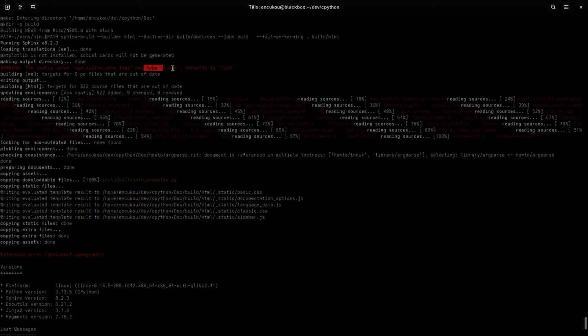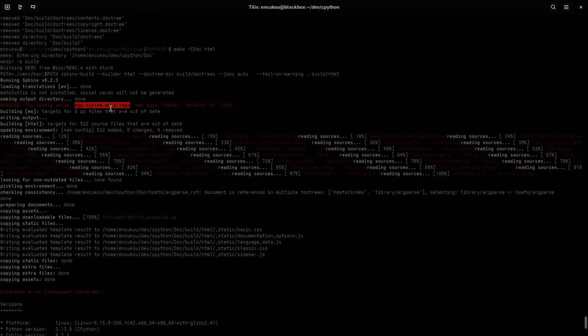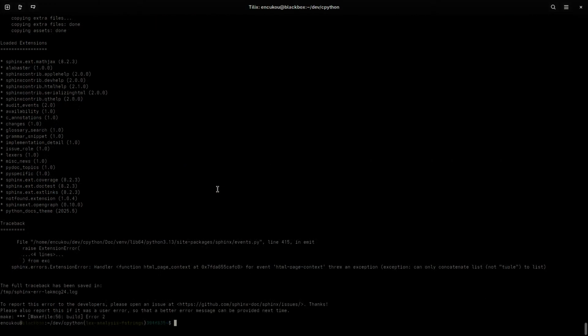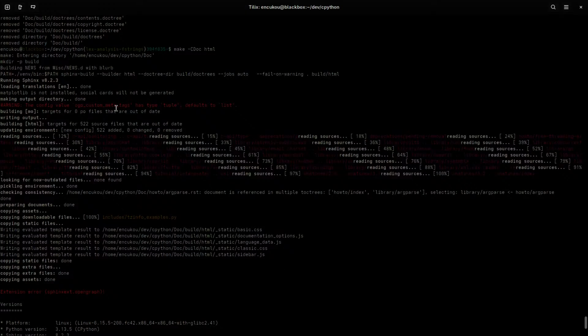So that's probably the problem here. But I'm not setting OGP custom meta tags. HTML page context.